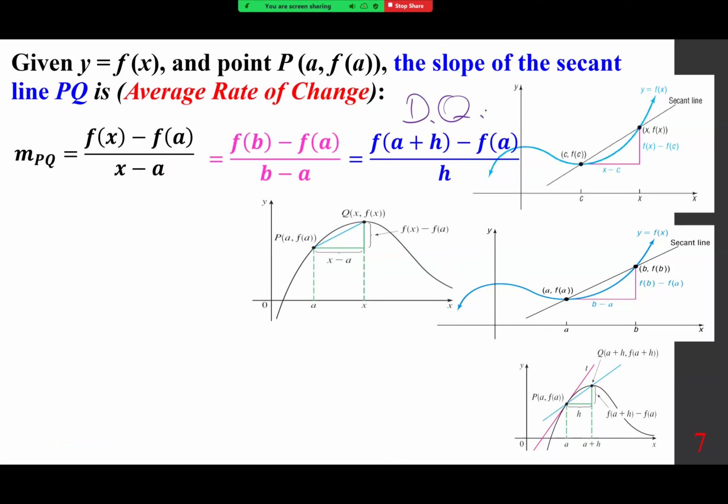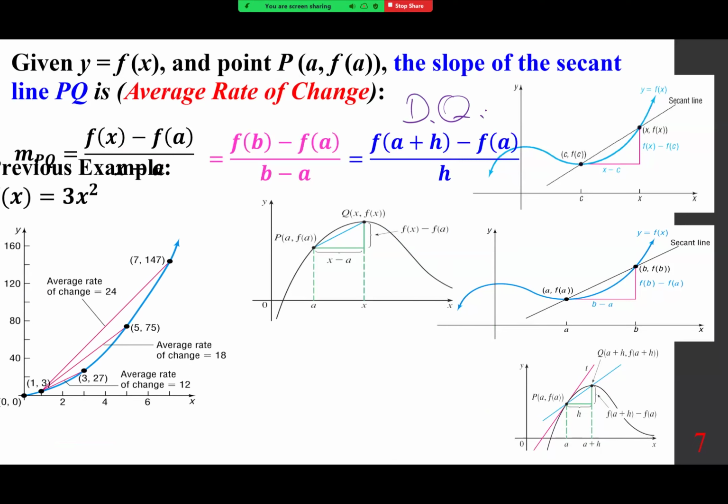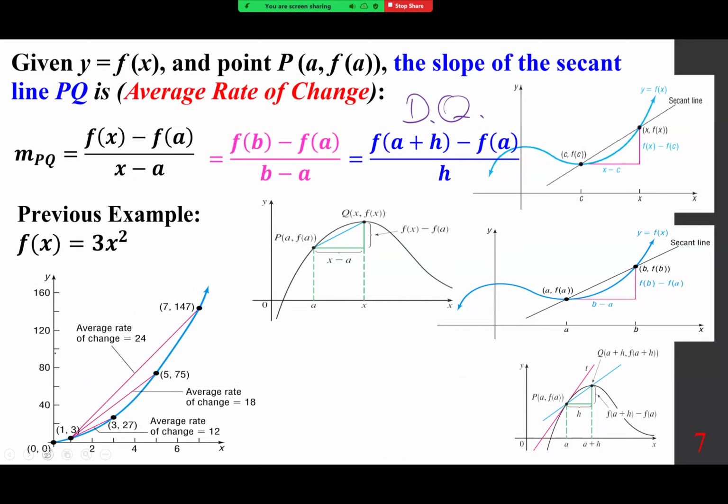The difference quotient. In the previous example where f of x was given as 3x squared, we calculated this average rate of change for various pairs. For example, for these two points it is 24.